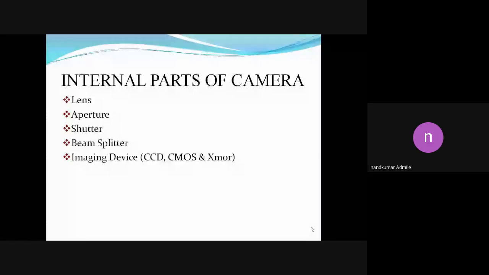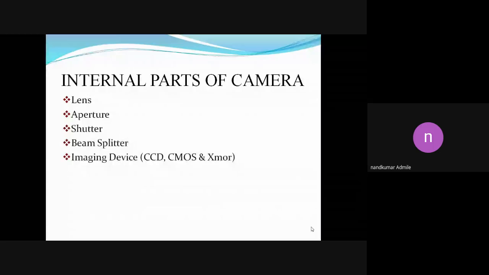Similar to that, in order to capture video, we require a video camera. So we need to understand the various internal parts of a camera. These are the main important parts of a video camera: a lens, aperture, shutter, beam splitter, and an imaging device.